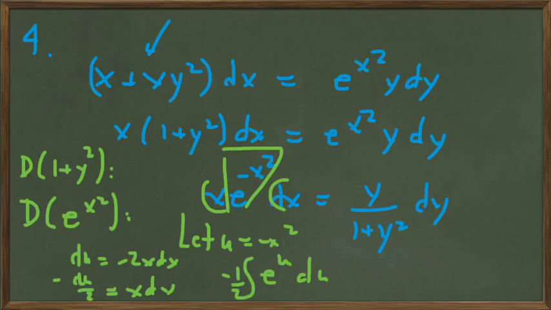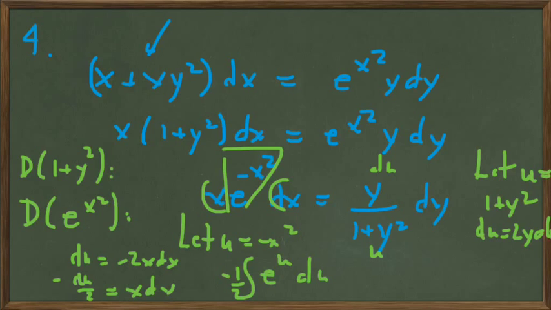And then on the right-hand side we're going to use the same technique, because this is essentially our u, and this y dy is very close to our du. So if we let u equal 1 plus y squared, then du is 2y dy, or du over 2 is y dy.